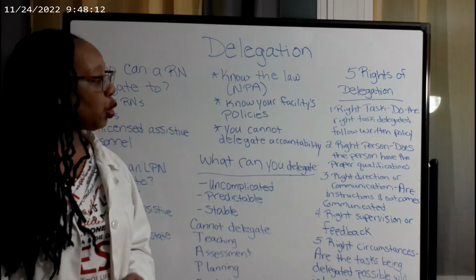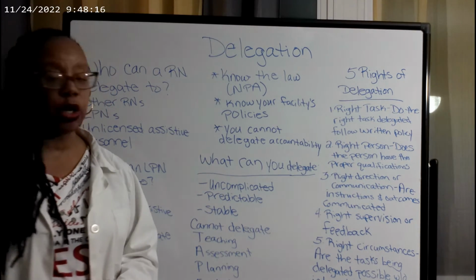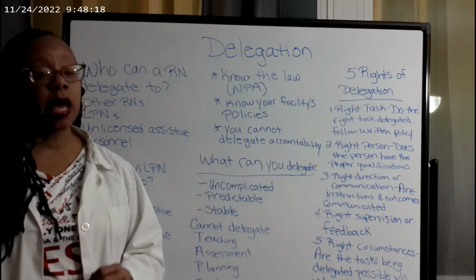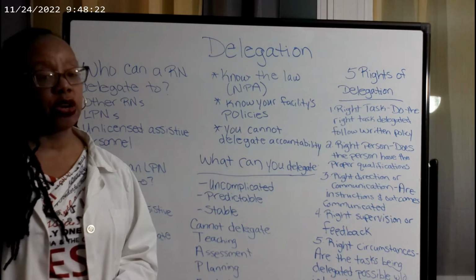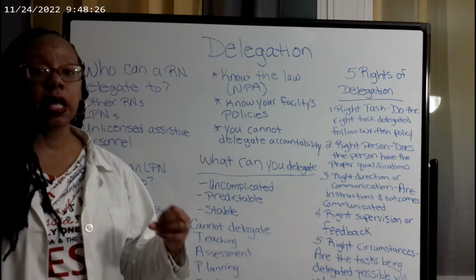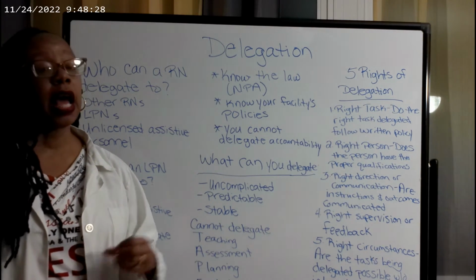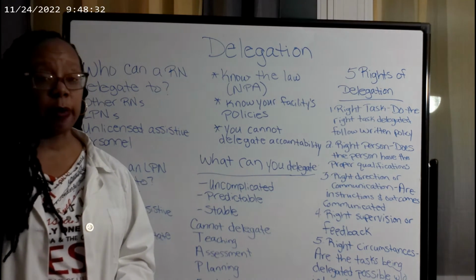The right direction or communication: are instructions and outcomes communicated? You want to be very clear in your delegation. That means state the time you need it done, how you need it done, how you want the results reported back.